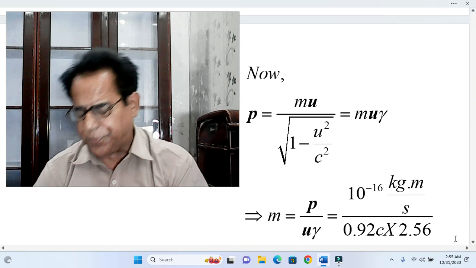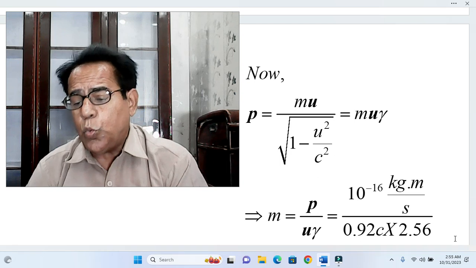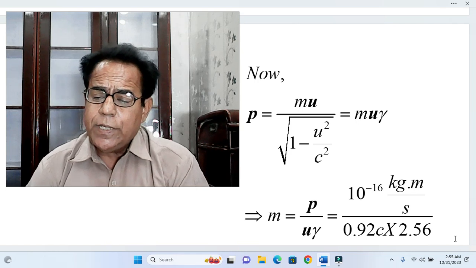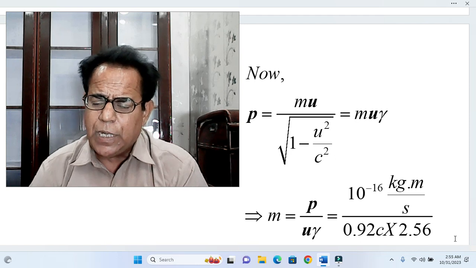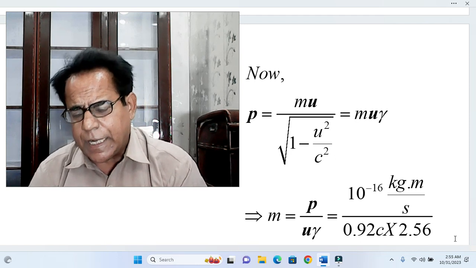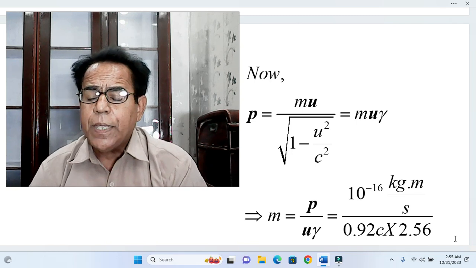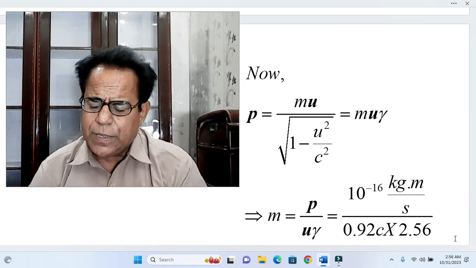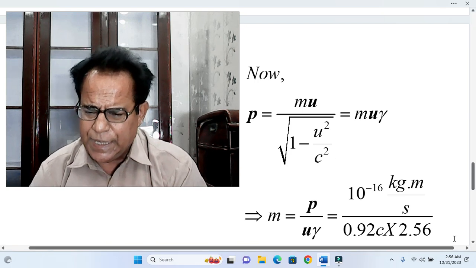So relativistic momentum P is equal to mu over the square root of 1 minus u square over c square. Actually, students, P is a vector quantity, that is why it is written in bold form. Similarly, u is a vector quantity, that is why it is written in bold, while u square has been written in simple form, because the square of anything becomes a scalar value.